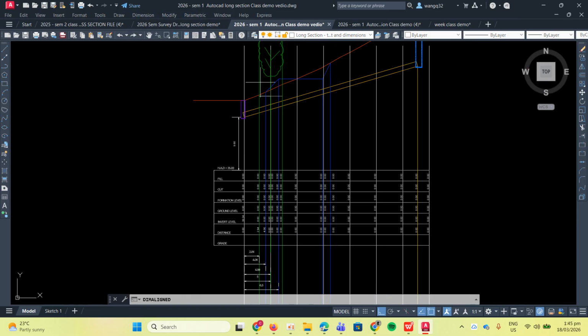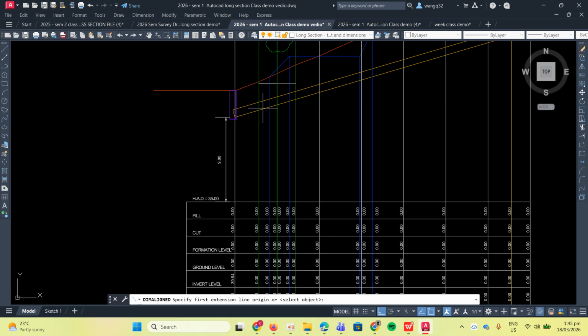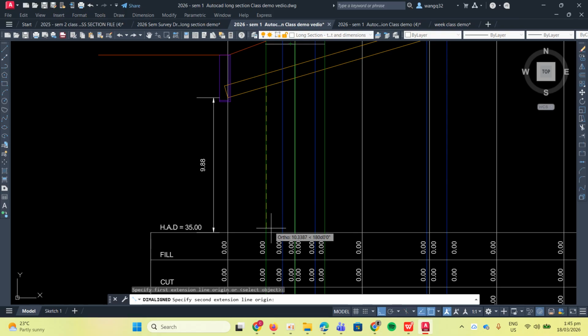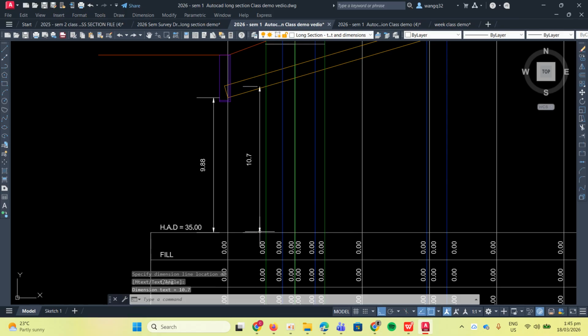And then if I want to find the inward level from here to here, it's the same. It's 10.7, which means 5.35 plus 35.